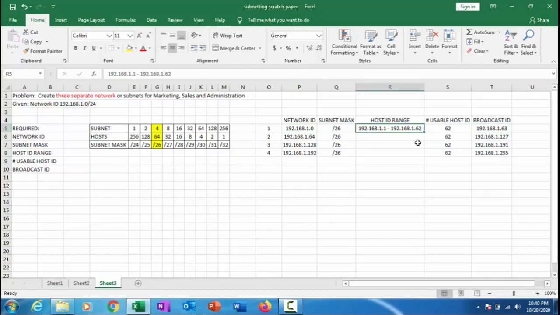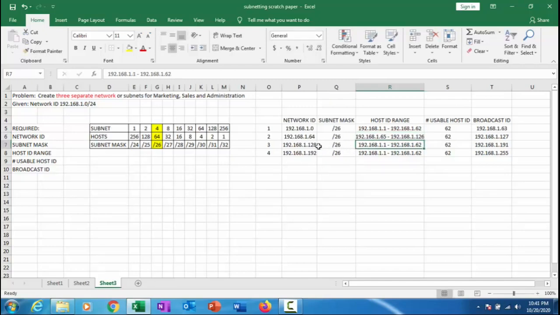Okay, so I'll just copy and paste this so that there. I'll just do the renaming. So plus 64 plus 1 is going to be 65. And then 127 minus 1 is going to be 126.